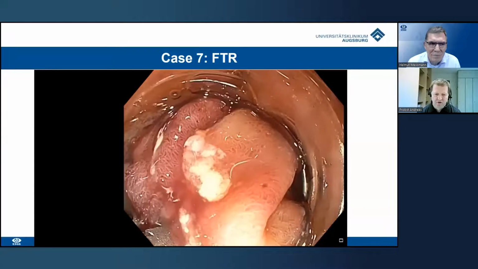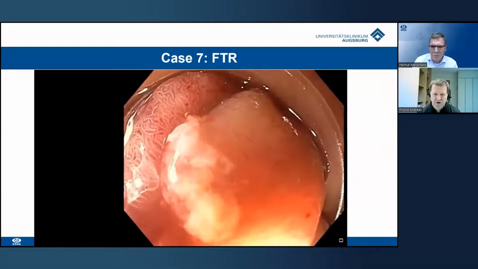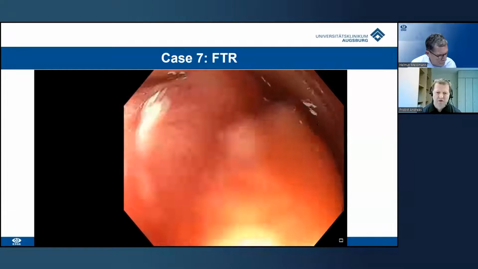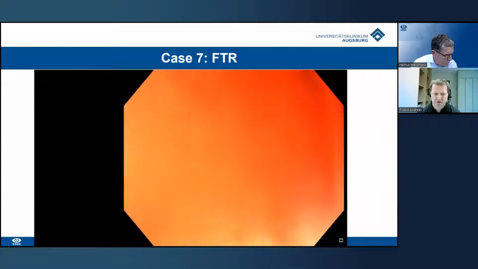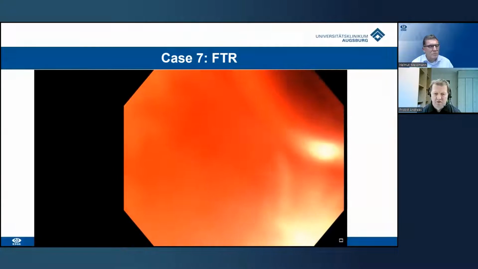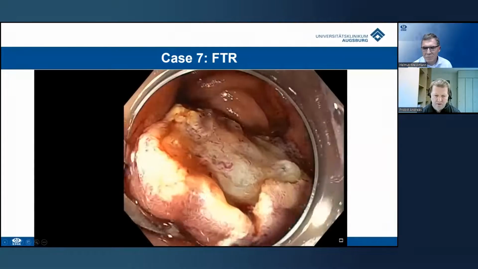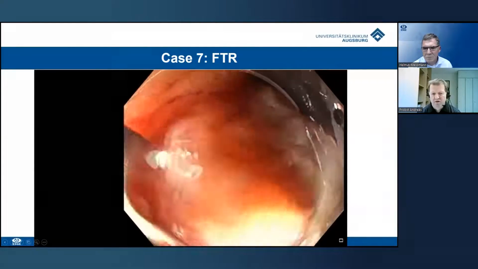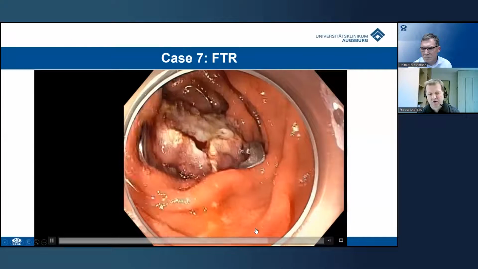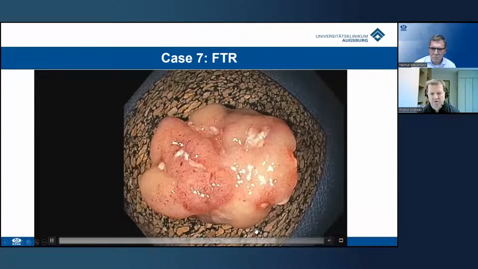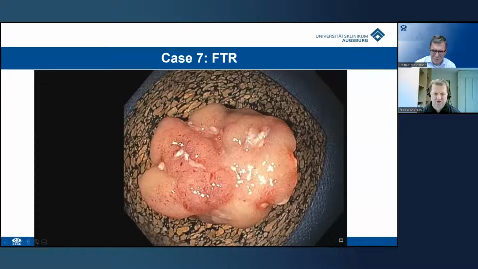You grasp the lesion into the cap, then you apply the clip and close the snare, and then you remove this specimen. And afterwards, you check the resection site again. And you can see the clip has grasped the whole wall, and there is a typical image of full thickness resection, and this is the specimen.